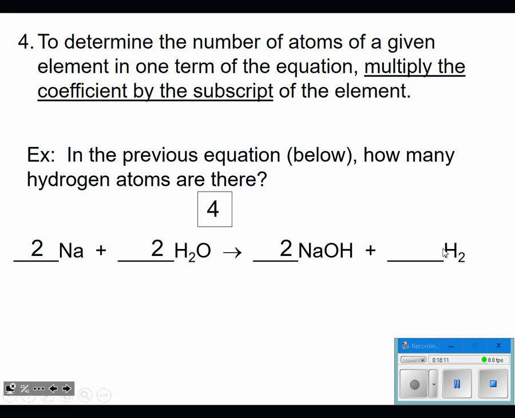Okay. When we come over here, we say 2 times the 1 of the subscript here in the NaOH formula. So that's 2, because 2 times 1 is 2. And then we have another 2 over here as a subscript. So that would be 2 plus 2, which also equals 4.